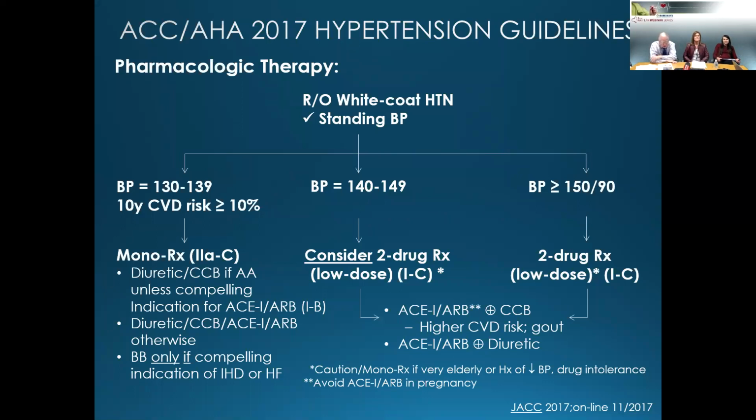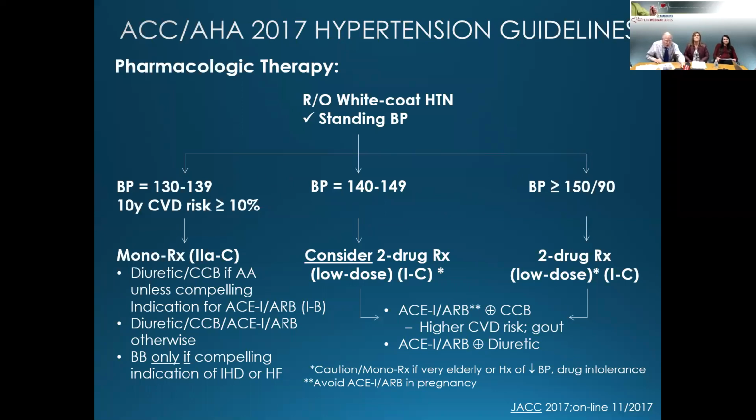In contrast, on the right side of the slide, initial low-dose 2-drug therapy at the very beginning is recommended for patients with a blood pressure of 150/90 or higher, and initial low-dose 2-drug therapy may also be considered for patients whose baseline pressures are 140/149, provided that standing blood pressure is not low, that the patient is not very elderly or frail, and that there are not prior issues with either hypotension, low blood pressure, or multiple drug intolerances.